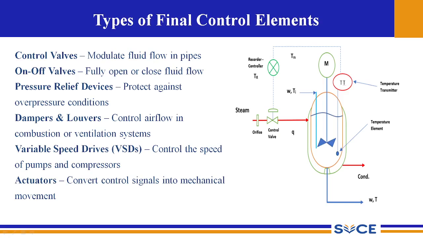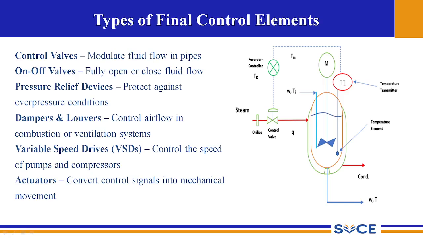Here the final control element in the case of this schematic will be the control valve. So where is the loop here? The loop is the measuring instrument, the temperature transmitter, this reactor, and the recorder controller. The final control element will be the control valve that is present here.